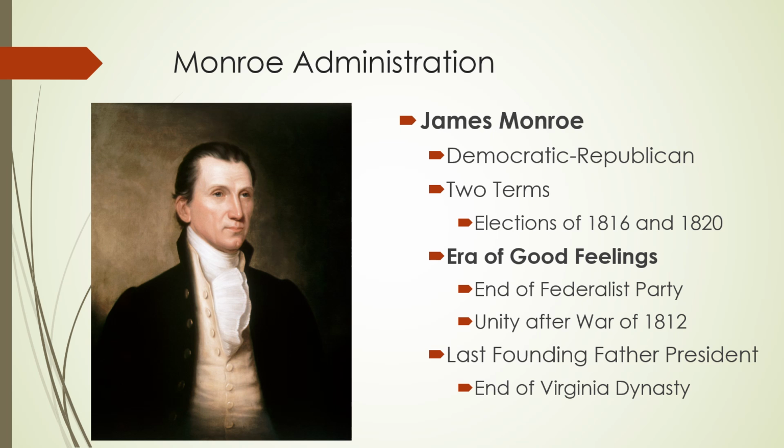However, Monroe still wears that older Revolutionary era, late 18th century clothing. It's not because he's out of fashion or anything like that. He's using that imagery. It's advertisement that he was one of the founding fathers. But he's the last of the founding father presidents.